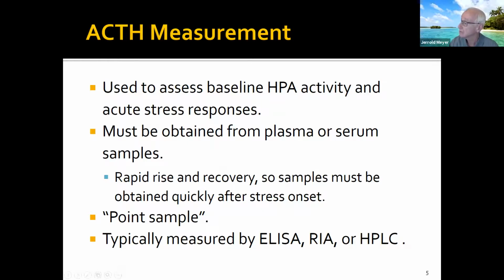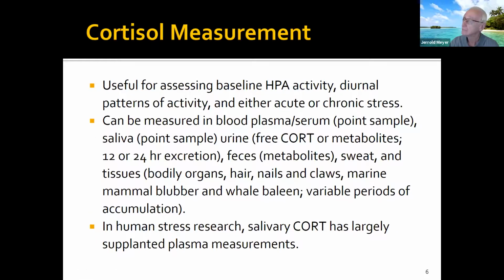The ways that you could measure ACTH are pretty much similar to the ways that you could measure the catecholamines, the epinephrine and norepinephrine: ELISA, RIA, HPLC, etc. All right, so as I say, sometimes people want to get ACTH. That's fine.